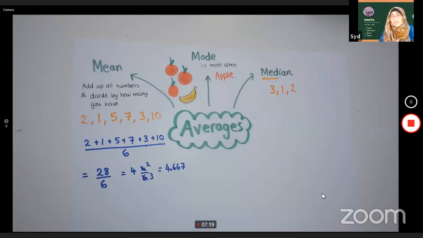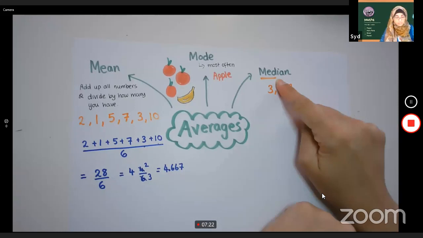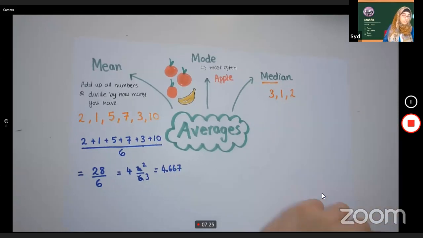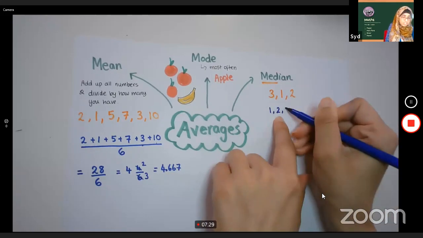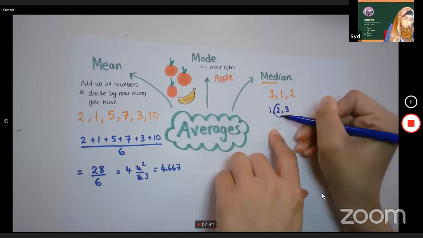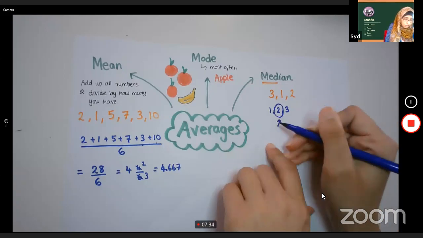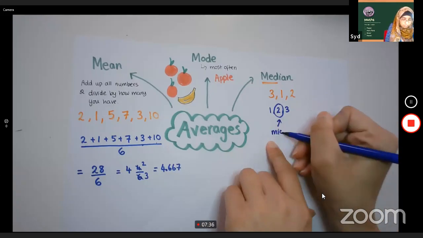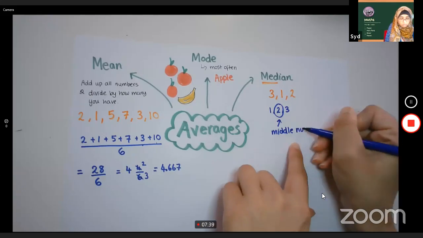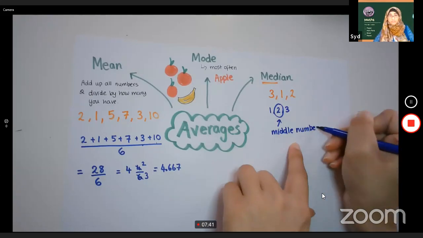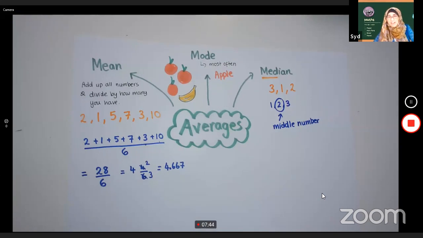We want to find the median number. You don't just look at the one in the middle. You have to put it in order first. So 1 is first, 2 is second, 3 is third. So the median is the middle number when you put them in order. So that's basically what averages are.